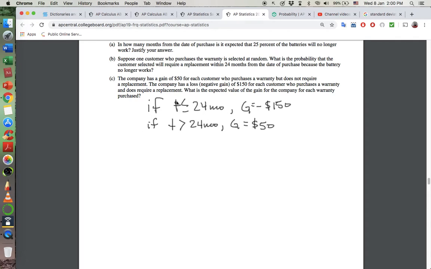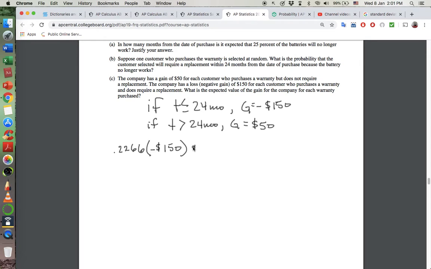Well, so what chance is there that the battery breaks within 24 months? We just figured that out. That's 0.2266, and we're just going to multiply that by the gain, or what's really a loss. So there's a 22% chance that the phone battery will break within the term of warranty, which indicates a loss for the company.